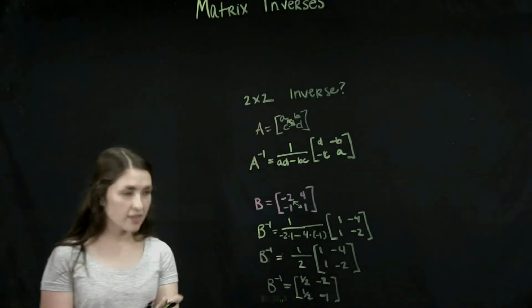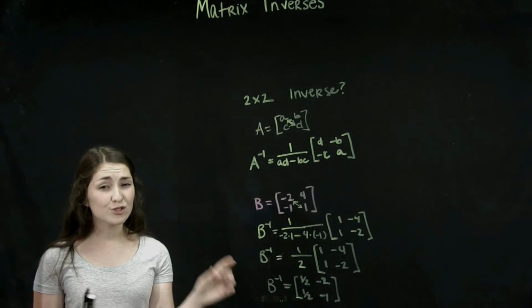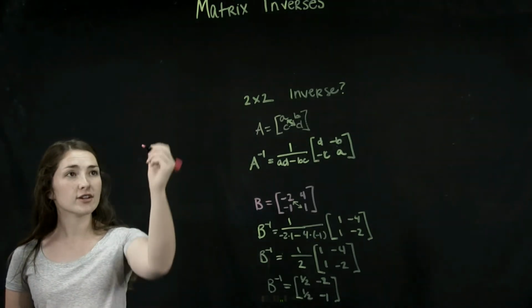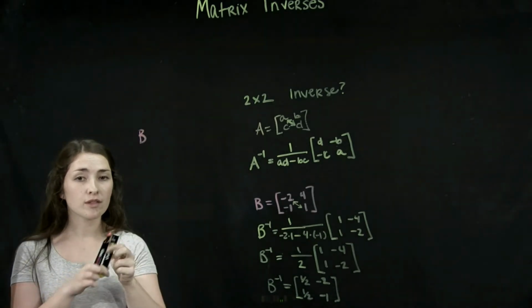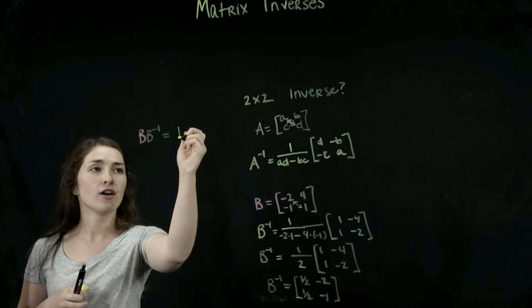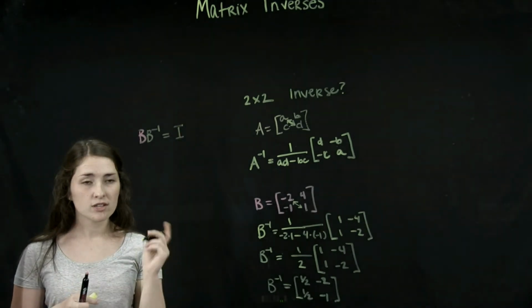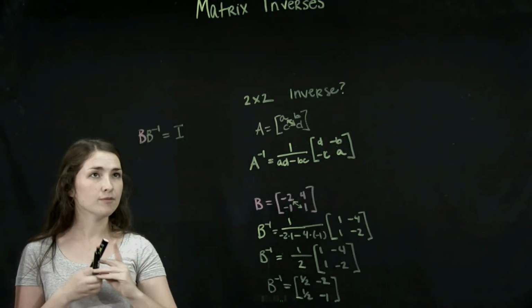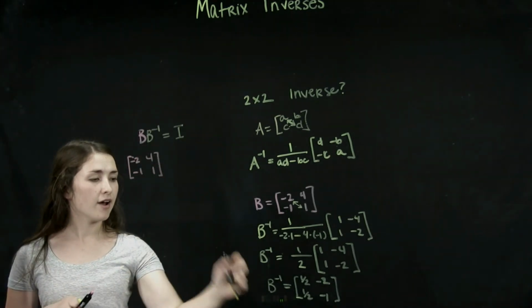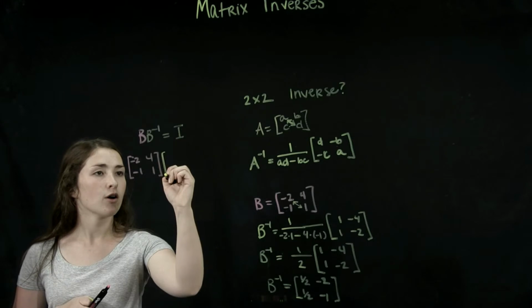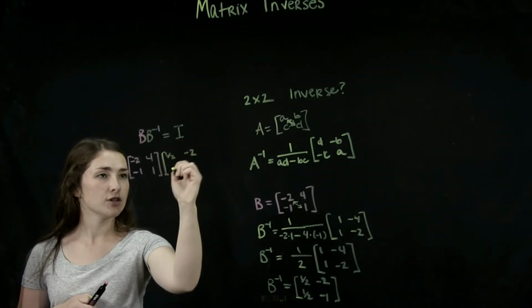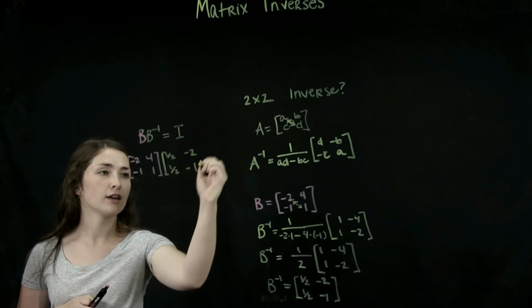So now let's try this out. Let's see if this truly really is our inverse. So we know that if it is our inverse, we should be able to take B times B inverse and get out our identity. So let's try that. So we'll take B and we want to multiply it by our inverse here, which is 1/2, negative 2, 1/2, and negative 1.